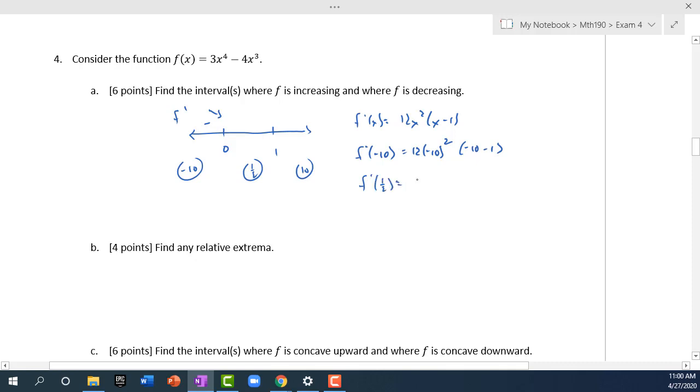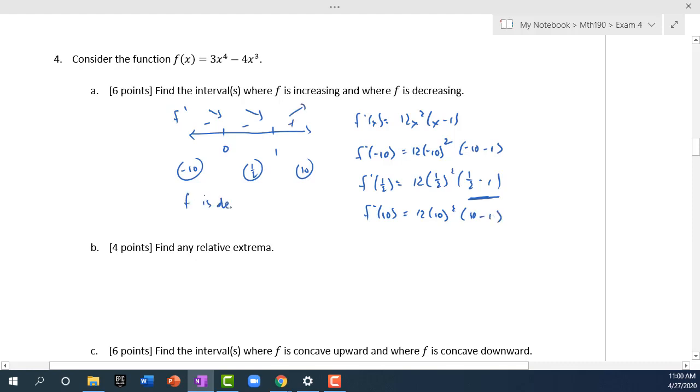F prime at 1/2, 12 times 1/2 squared times 1/2 minus 1, still negative there. And then f prime at 10 will be 12 times 10 squared times 10 minus 1. That's positive, increasing.